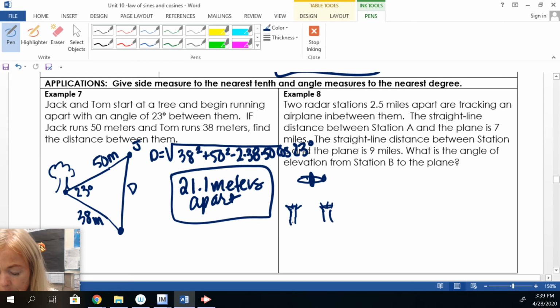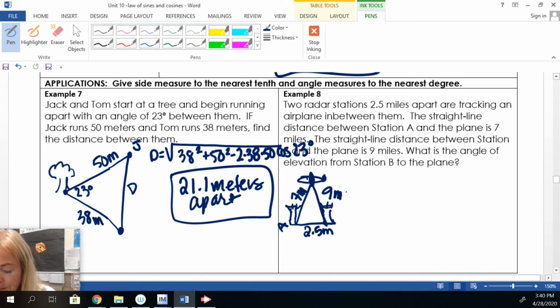They are 2.5 miles apart, and they're tracking an airplane between them. The straight line distance between station A and the plane is 7 miles. This is station A. The straight line distance between station B and the plane is 9 miles.